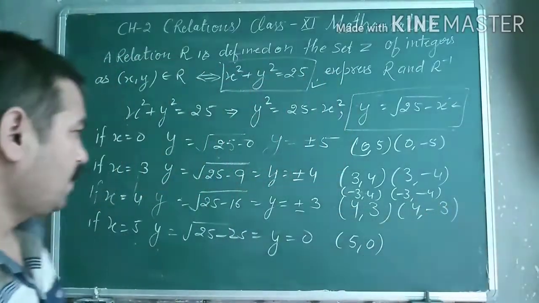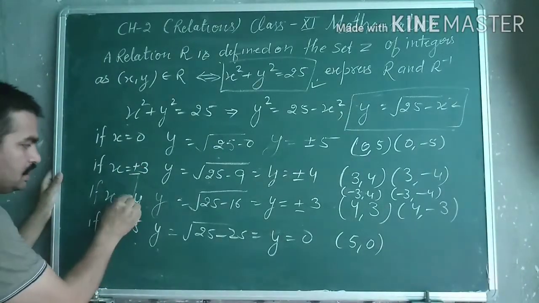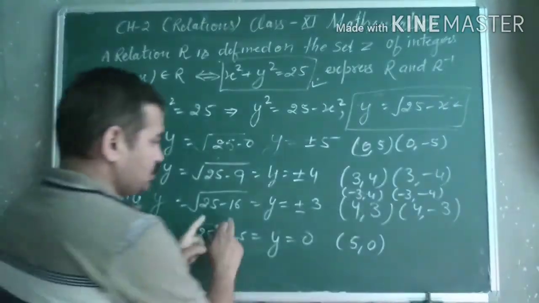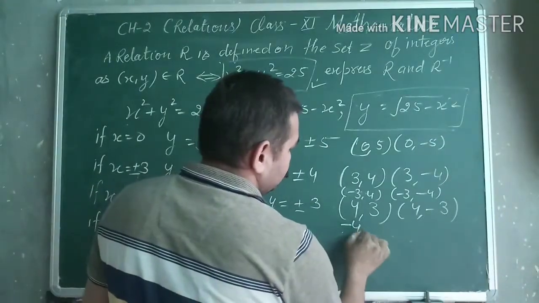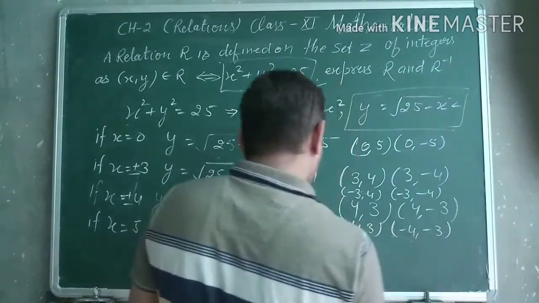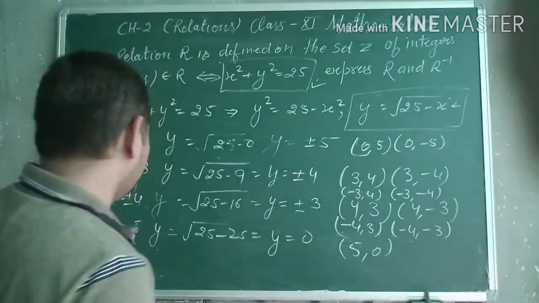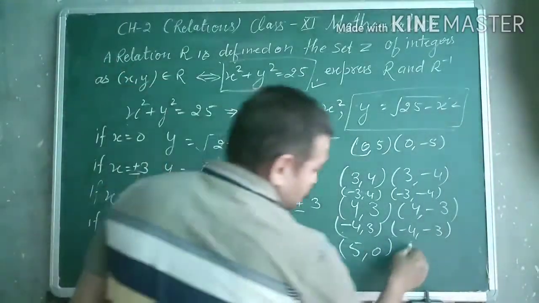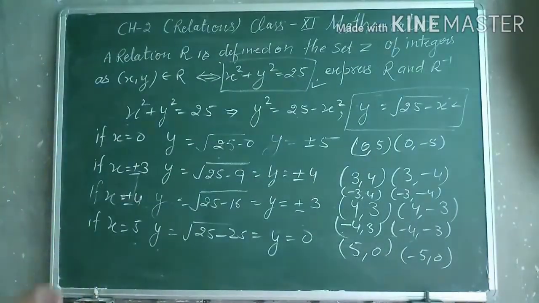Got it or not? Similarly for x equal to minus 4, the same values, and the ordered pairs are (-4, 3) and (-4, -3). And we have (5, 0), and for minus 5, we have (-5, 0). Yes or no?